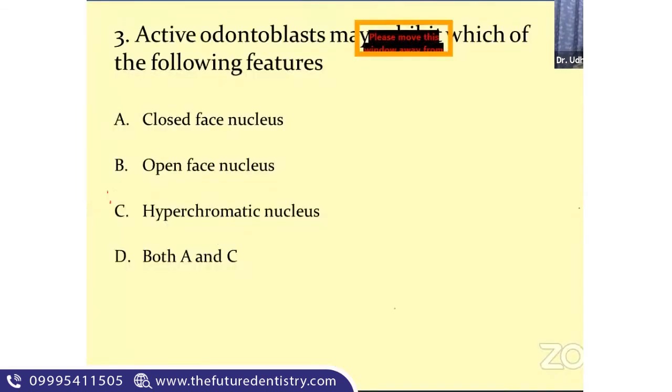Active odontoblast will only have an open-faced nucleus. Why? Because active odontoblast is secretorily active, so it will have euchromatin. Euchromatin will be dispersed peripherally, because of which the staining becomes light violet. Hence, open-faced nucleus. A resting cell will have a closed face or a hyperchromatic nucleus. Okay?